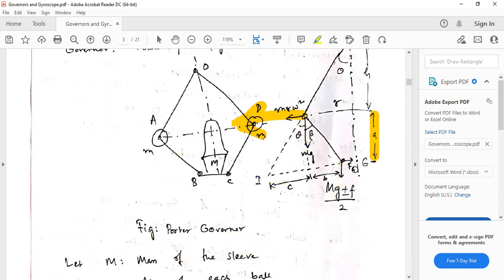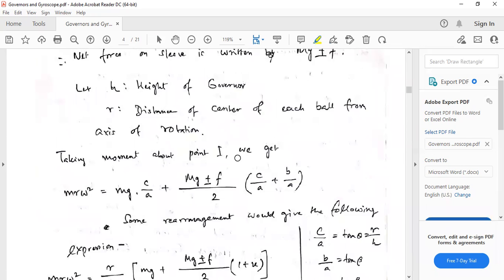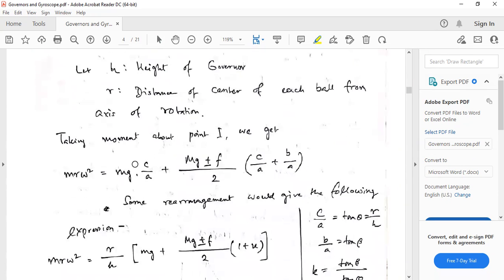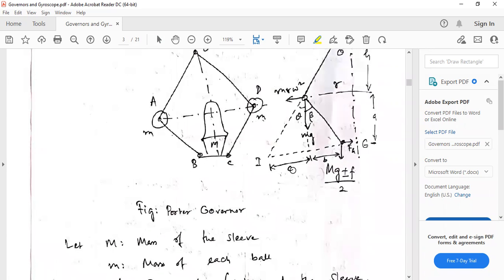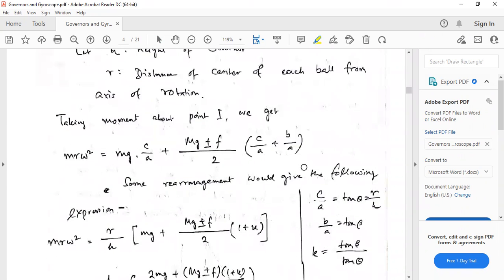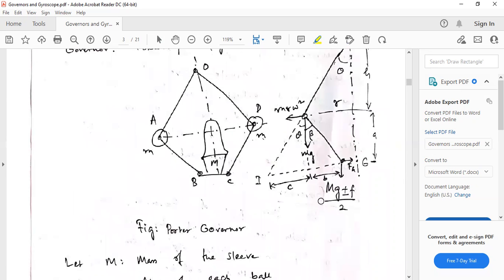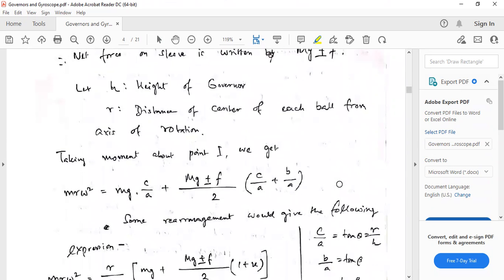So here you see mg multiplied by c, plus this force multiplied by c plus b. So the whole thing is mg plus minus f by 2 into c plus b.